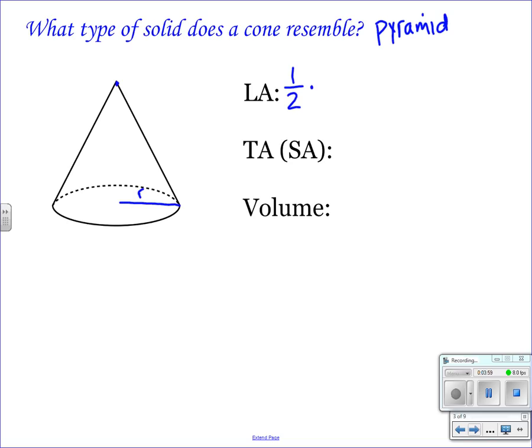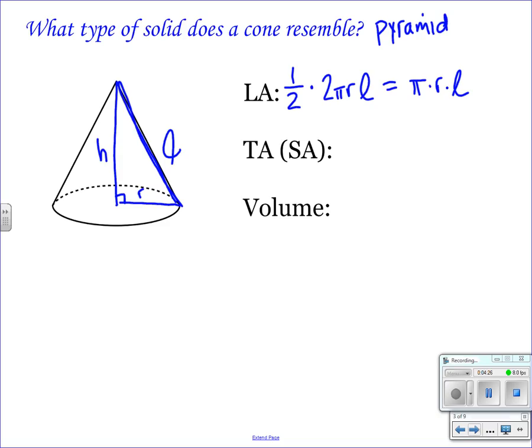Well, the base is a circle, so that's 2 pi r times the slant height. Remember, this is the slant height. We have the radius of the base, and that's our height. 2 pi r times the slant height L. Well, if you multiply 2 times 1/2, you get pi times the radius times the slant height.